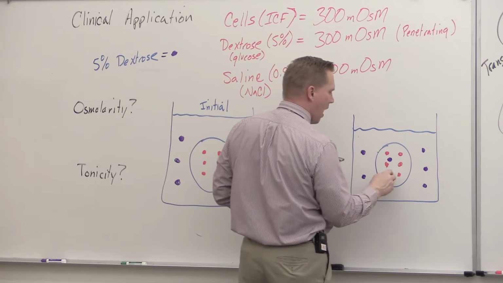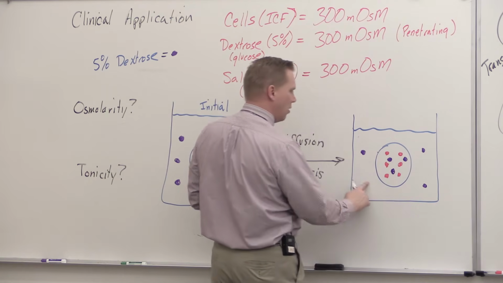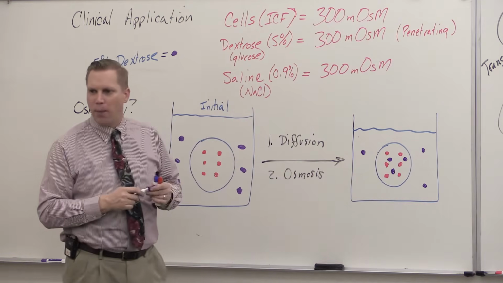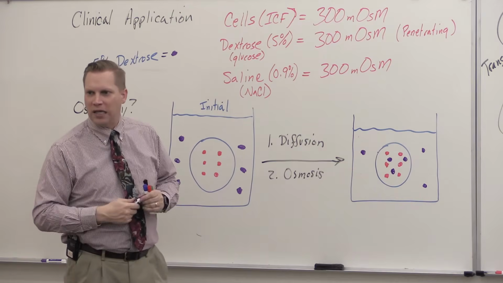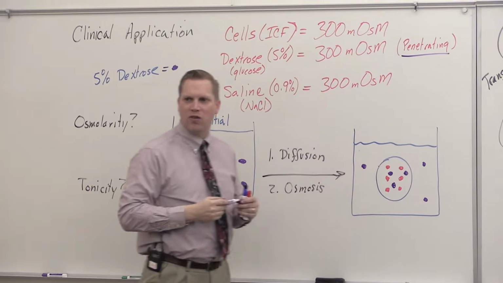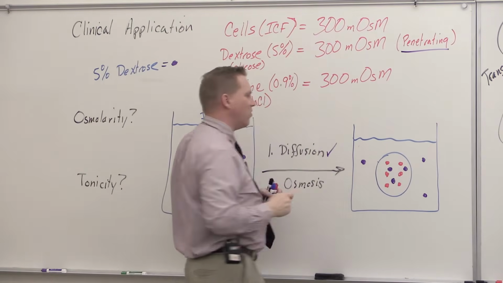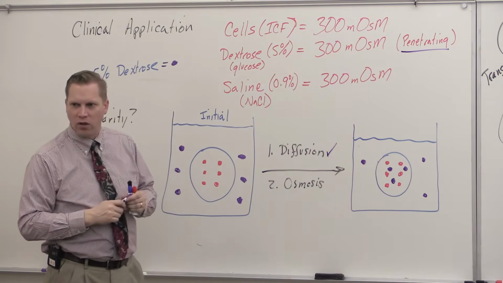So we're going to have purple dots move inside the cell until the amount of purple dots is the same on each side. Why is that happening? Because it can, because it's penetrating. So we just considered the effect of diffusion of those solutes.